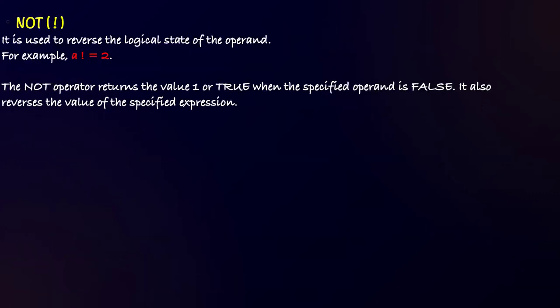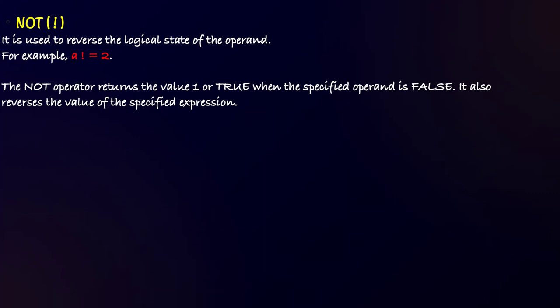Then comes the not operator. It is used to reverse the logical state of the operand. What does that mean? For example, a not equal to b. Try to understand: we are negating the fact, and then only the following operation can happen.